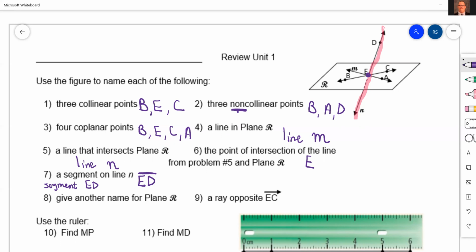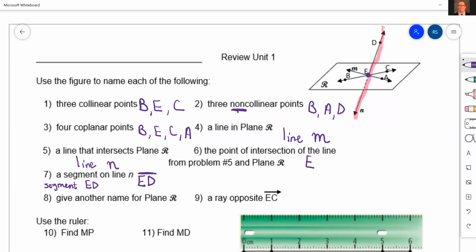Eight says give another name for plane R. So they don't want us to use the capital cursive letter R. They want us to give another name for it. So we have to pick 3 points in the plane that are not on the same line. If you tell me BEC, I'm going to tell you wrong.